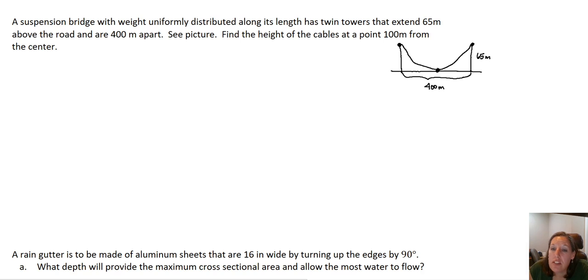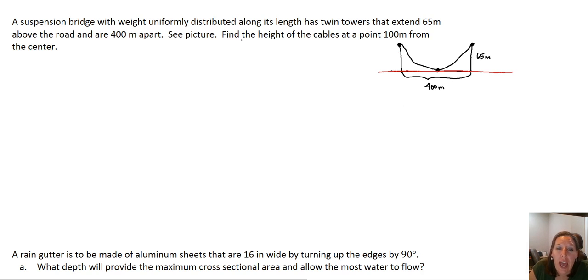You could define your x and y axis in a way that's pretty straightforward and easy to see. We could make our x-axis be along the surface of the road. And then we've got two places where we could have our y-axis. We could have our y-axis on one of the towers, or we could have our y-axis going down the middle of those towers.